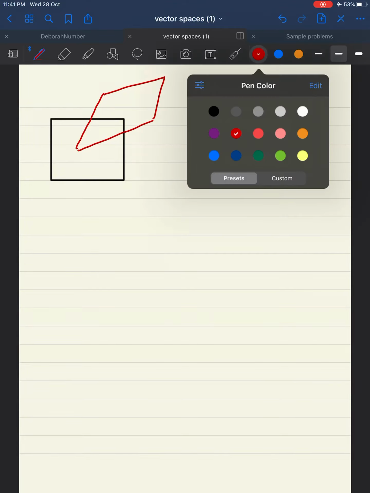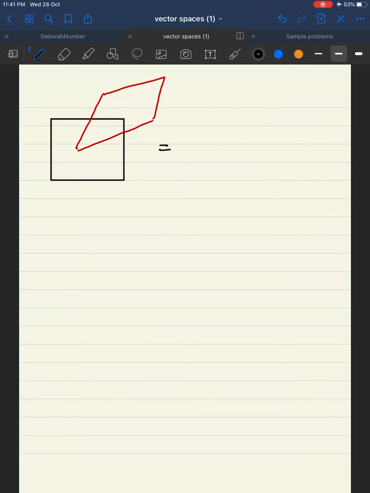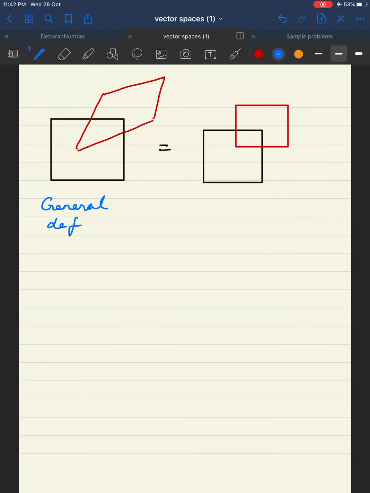So this general deformation can be seen as a combination of just rigid body translation, which means that this is a general deformation, this is a translation, plus a dilation.